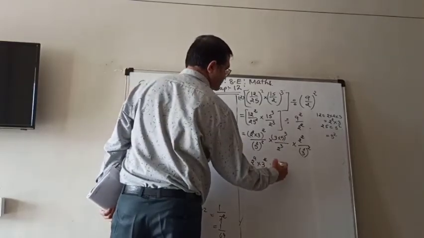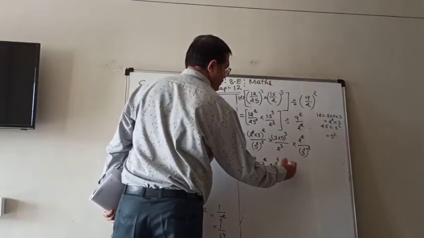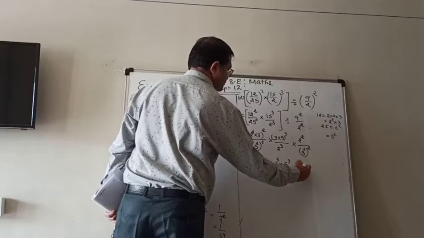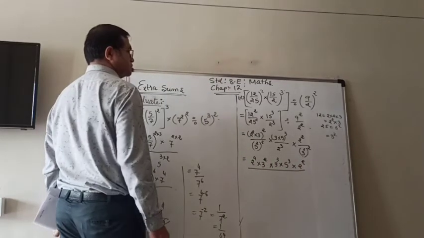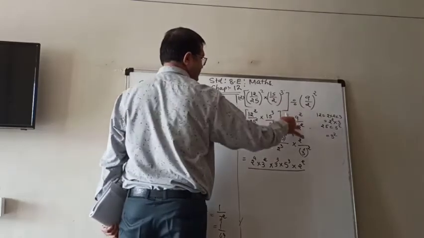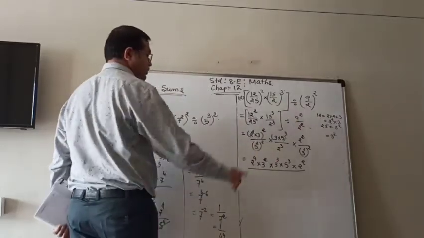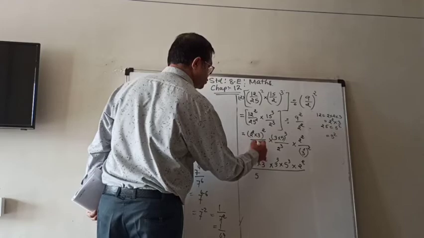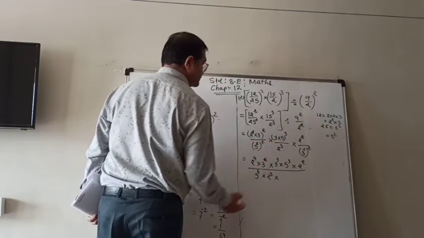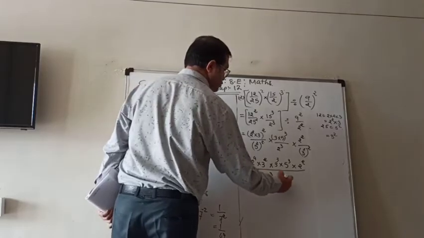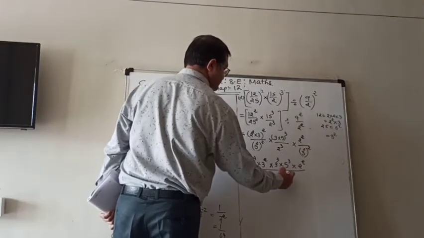So 3 cubed into 5 cubed into 2 squared. Because we converted division into multiplication, it is easier for us now. So now 5 raised to 2 twos are 4, 2 cubed, and 3 raised to 2 twos are 4.